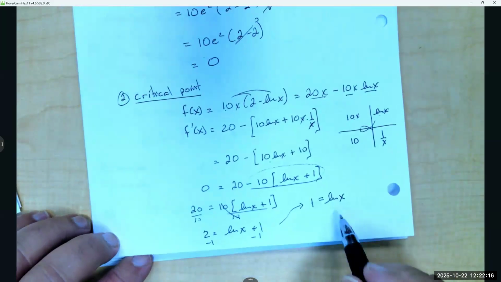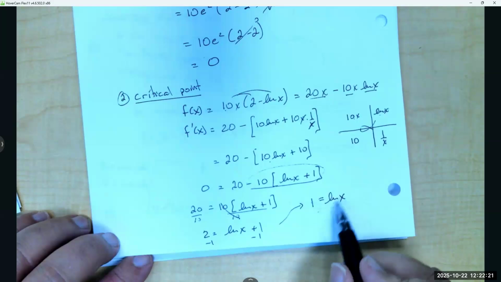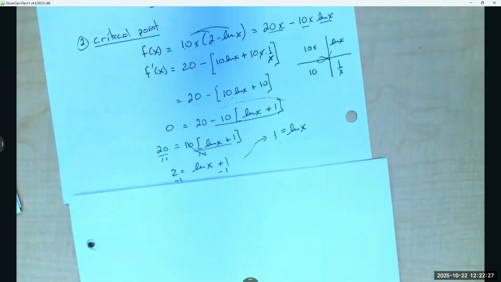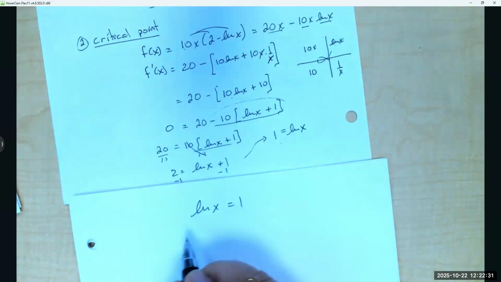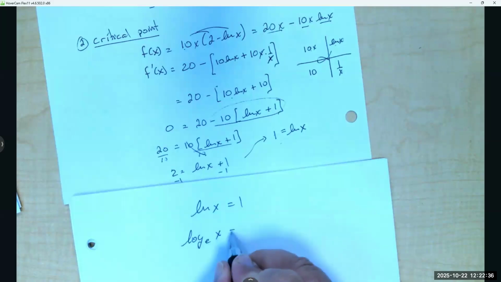Anybody know how do we figure this one out? Using a calculator, you don't need it. ln x equals 1. ln x is log base e of x is equal to 1.